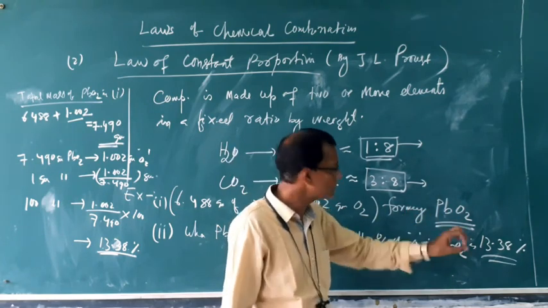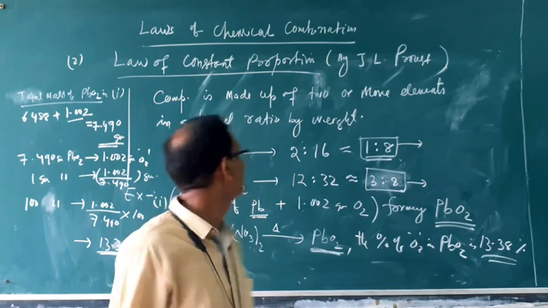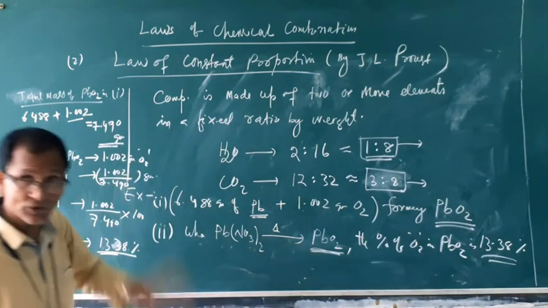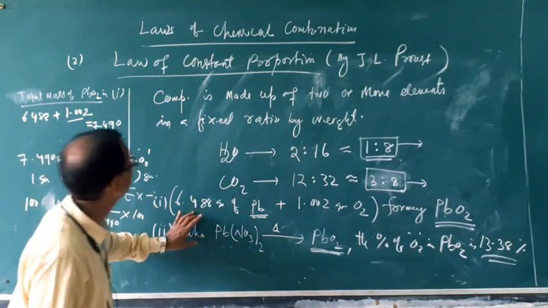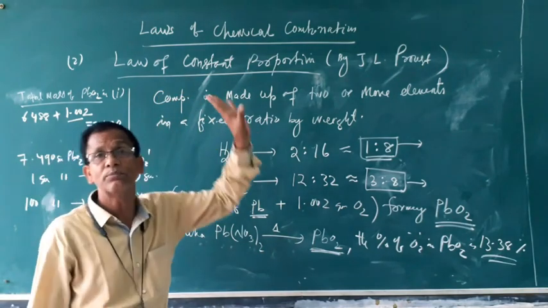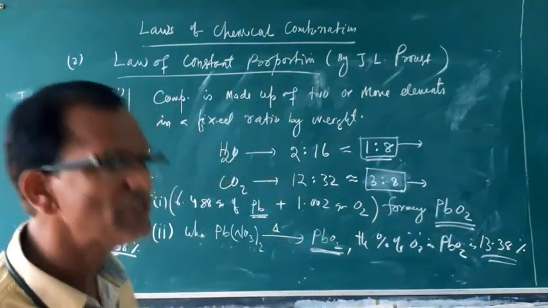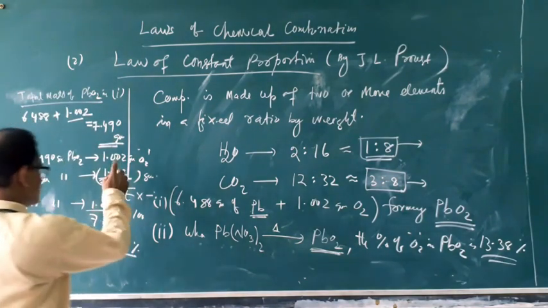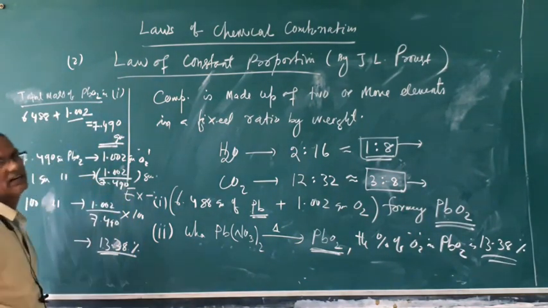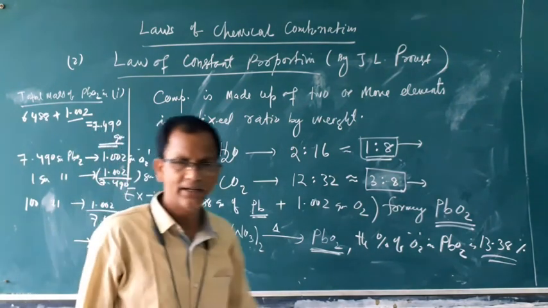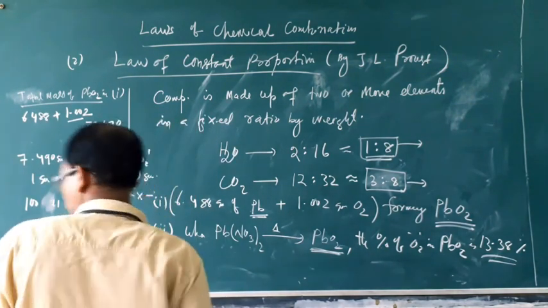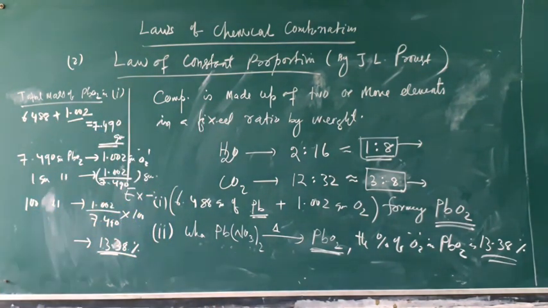This experiment illustrates the law of constant proportion, because the element ratio is constant in both experiments. That's why it is an example of the law of constant proportion.